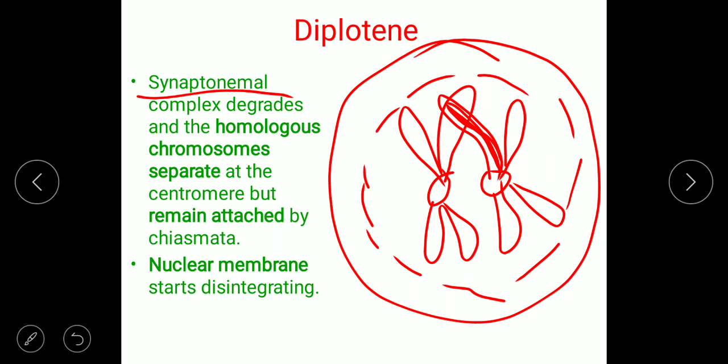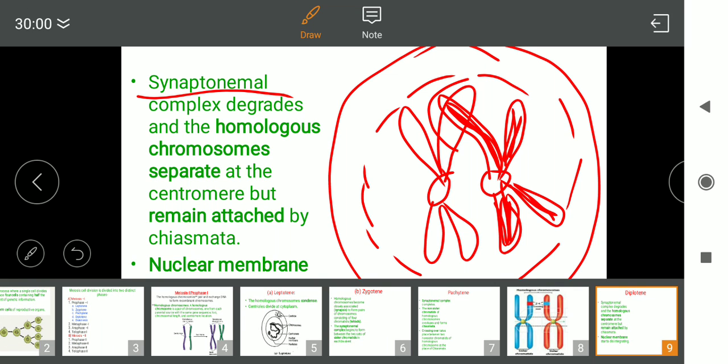The centromeres move apart, but the chromosomes remain attached at the place of chiasmata.